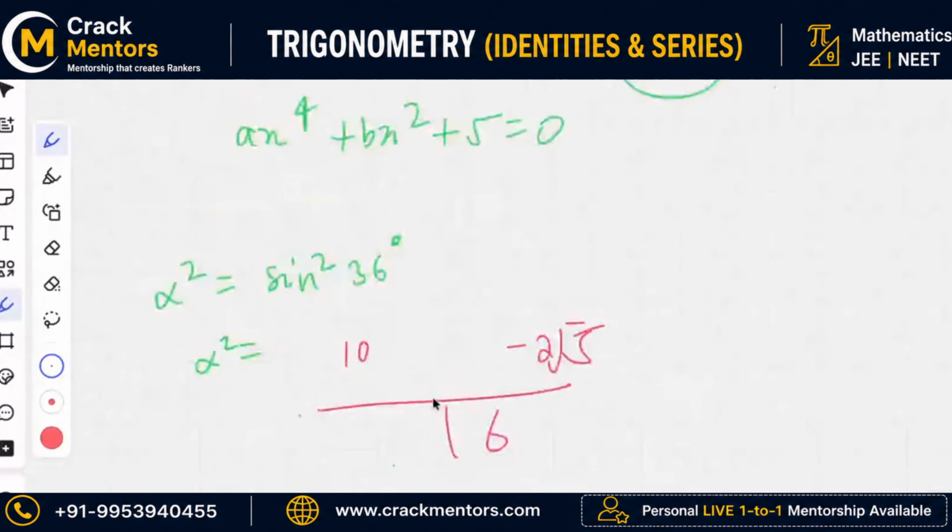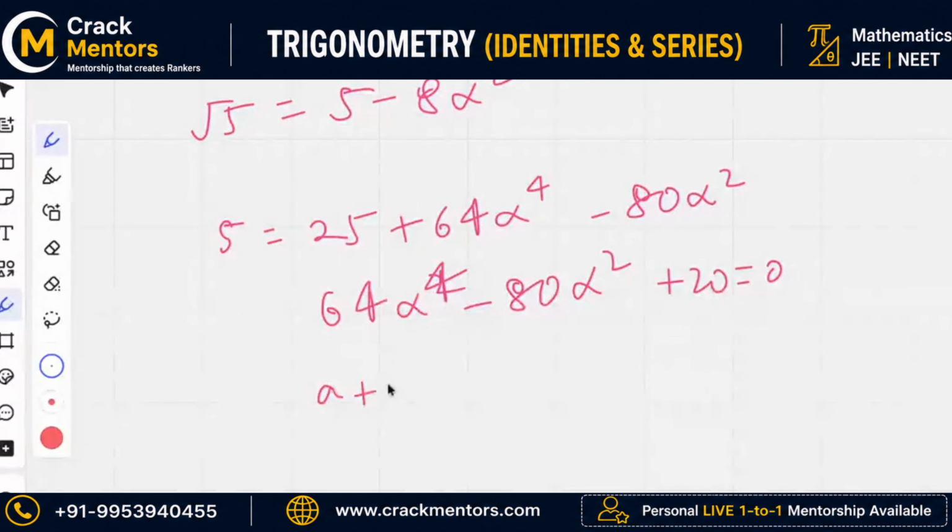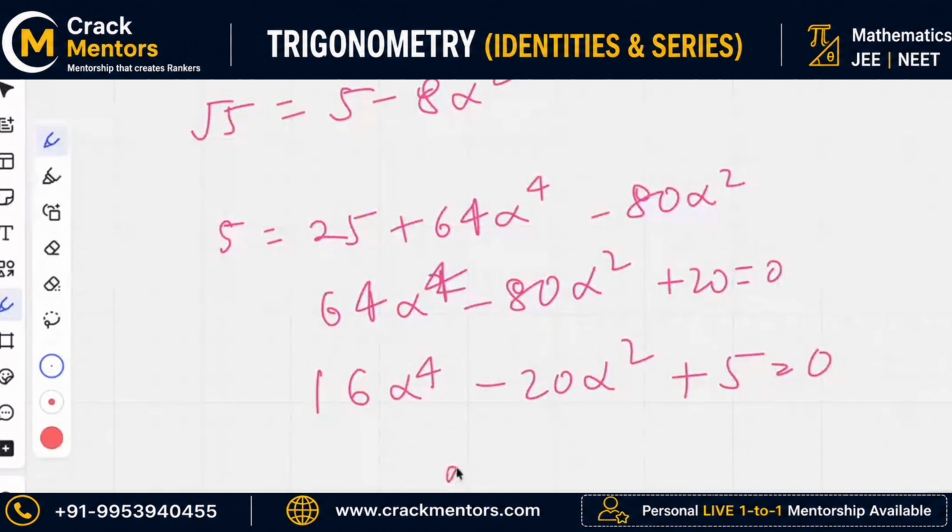And we know alpha was a root of this, so we can divide it by 4 to get that 5 thing. So it is 16. So a plus b is minus 4.